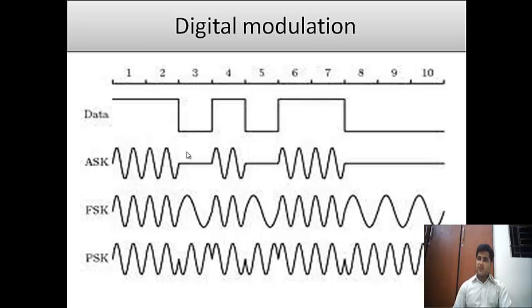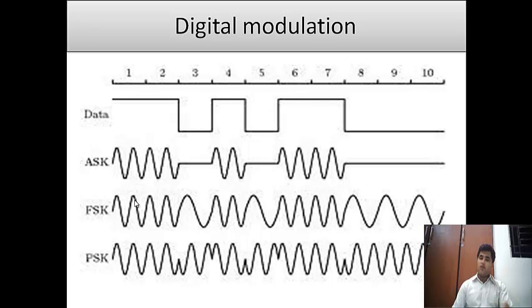And the second is frequency shift keying. Values are represented by different frequencies. The main advantage is that it is less susceptible to error than ASK, and typically it is used for up to 1200 bps on voice grade lines. It is also used in high frequency radio.